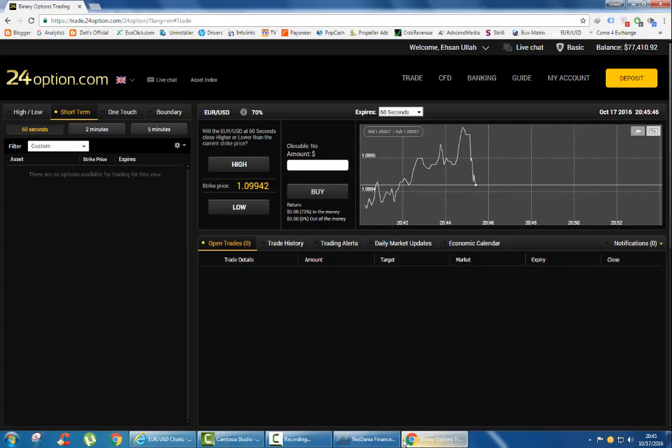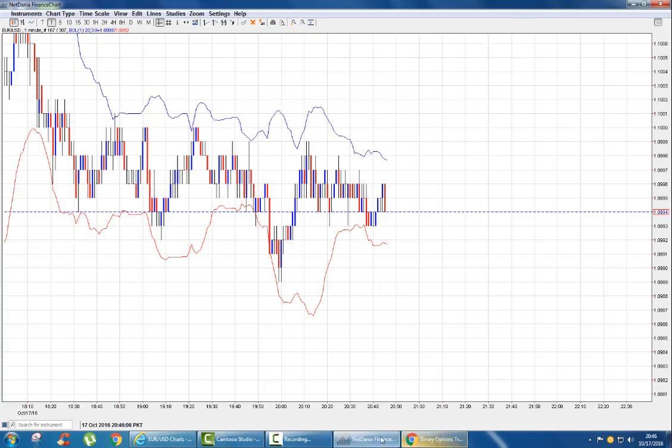That's what they call it, but in 24 Options they call it high low. Low means the price is going to go low, high means the price is going to go high. In other brokers' platforms, they call it put or call. Here they call it high and low.